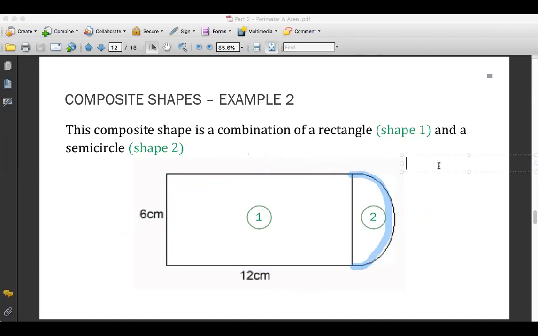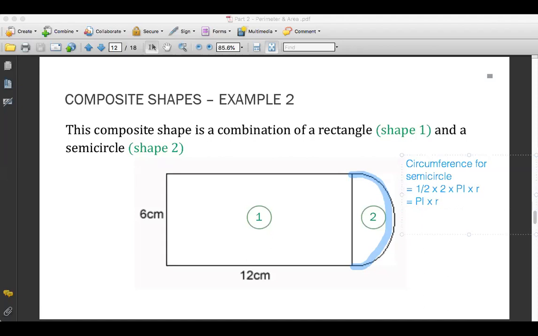So remember your formula for the circumference of a half circle, semicircle: 1/2 times 2 pi r, which is pi times r.